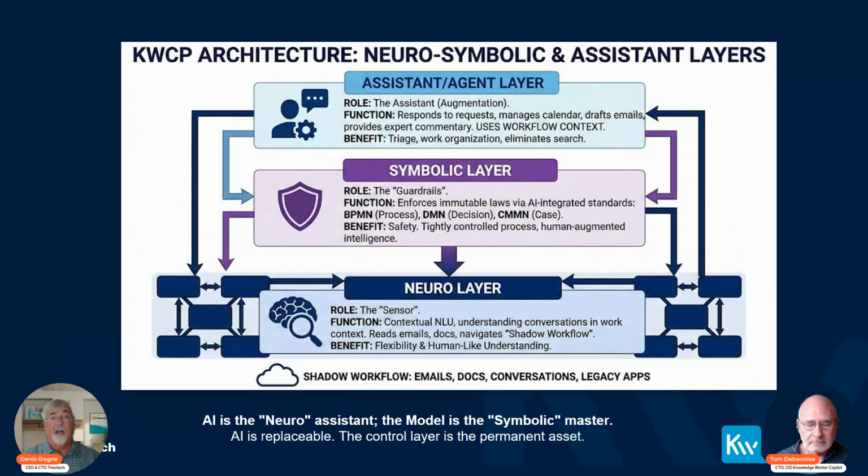So this architecture, we're presenting it here as three layers to abstract it more simply for everybody. The AI neurosensory layer provides the interpretation of the context, and it is adaptive. The symbolic layer in the middle is the orchestrator. It provides the guardrail. It ensures business is carried out as per laws, regulations or policies.